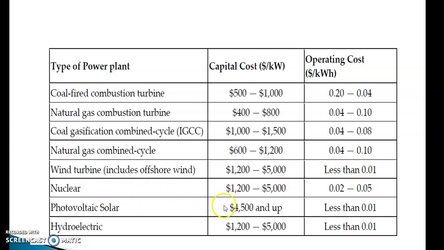Nuclear: 1200 million to 5000 billion, operating cost 0.02 to 0.05. Photovoltaic cells: 1200 billion to 5000 billion, operating cost less than 0.01.